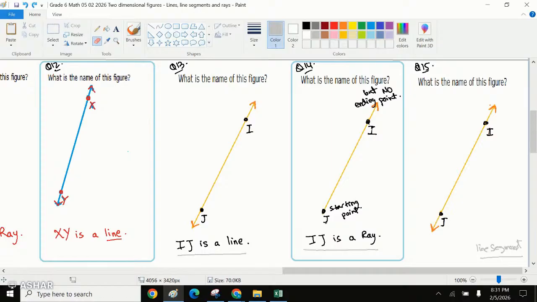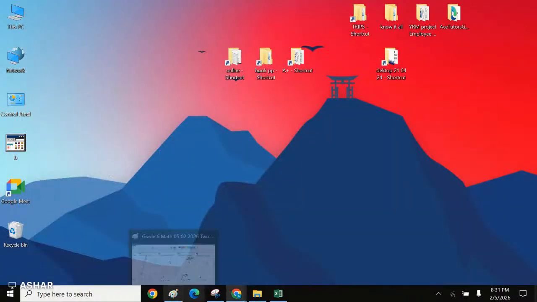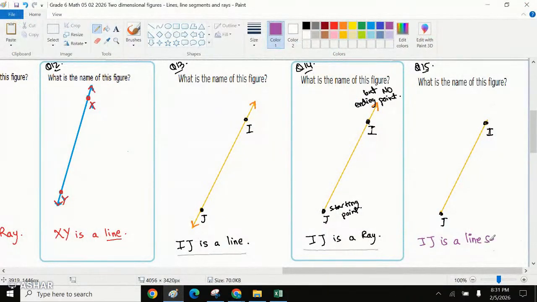Okay, so let's amend the question. Let's look at the third option. What should be the third option if I make changes to it? Now what we can say is, ij is a line segment.